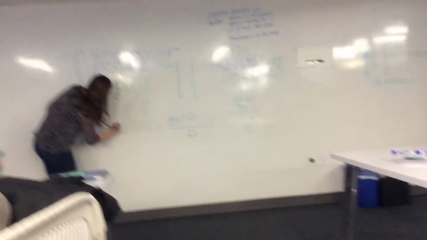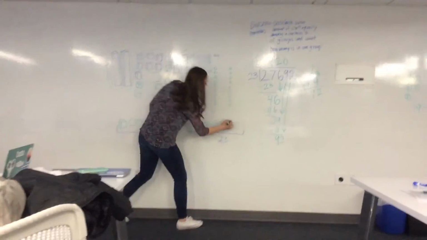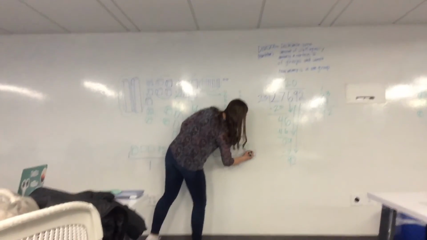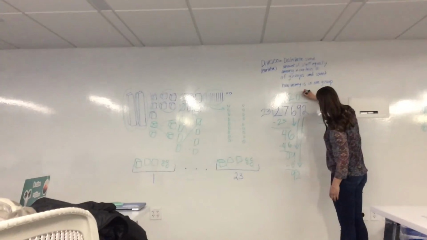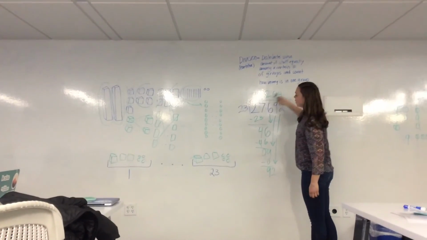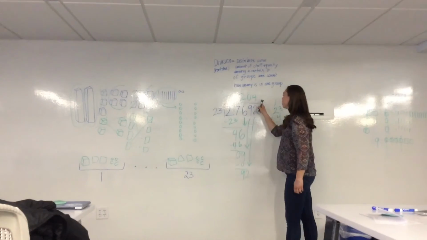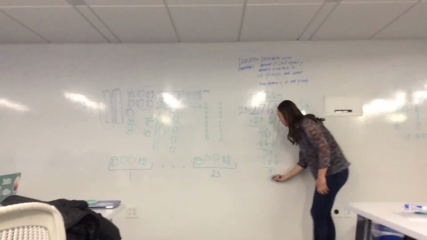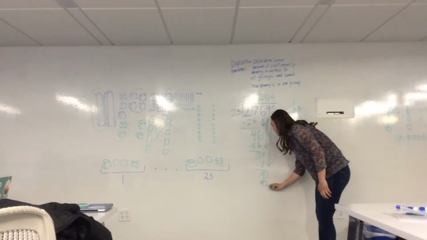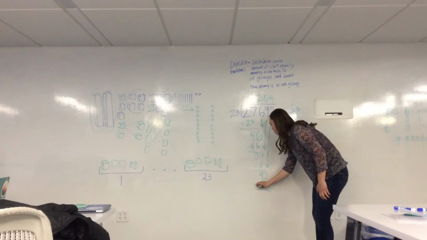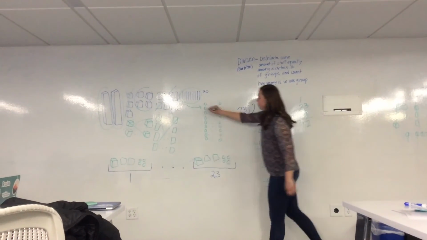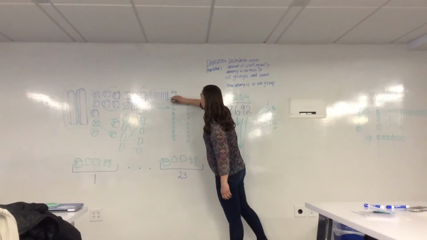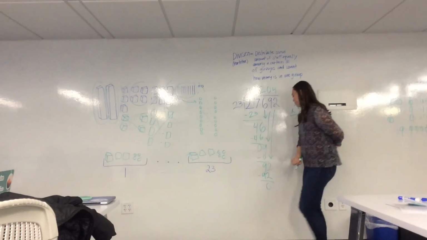Let me symbolize that. I drew 4 singles in each group. And then we write the 4 up here because we gave 4 singles to each group. Then 4 times 23 is going to give us 92, the problem that we already did. If we subtract, we have 0 singles left over, which means all of these singles were distributed equally and accounted for.